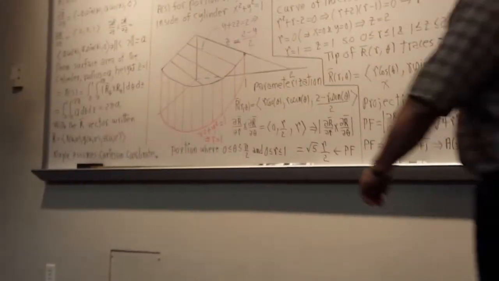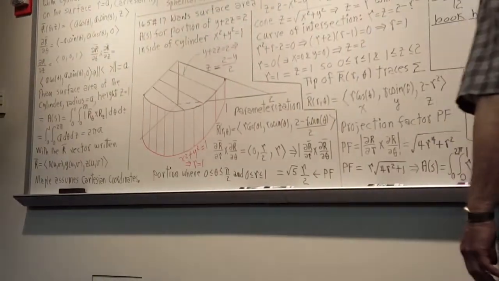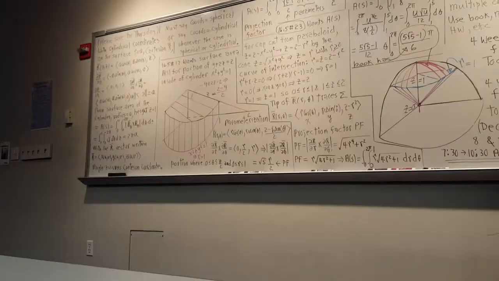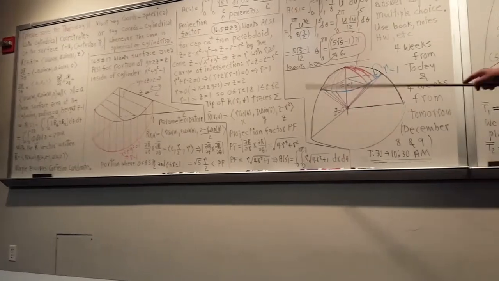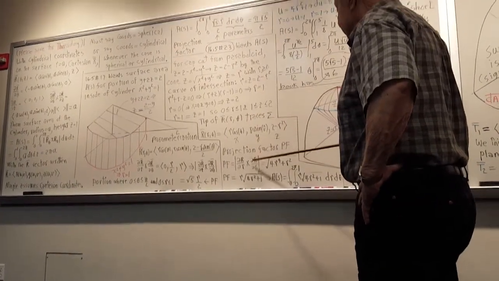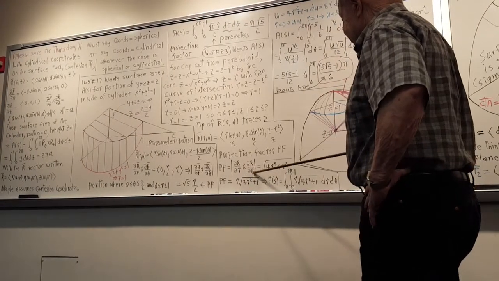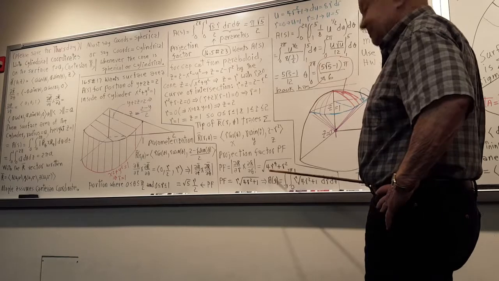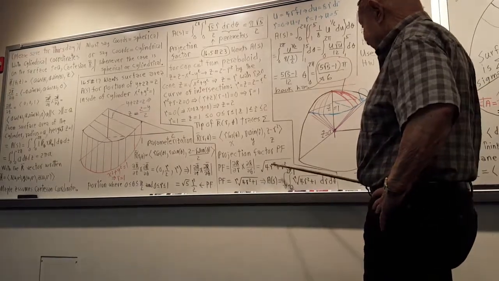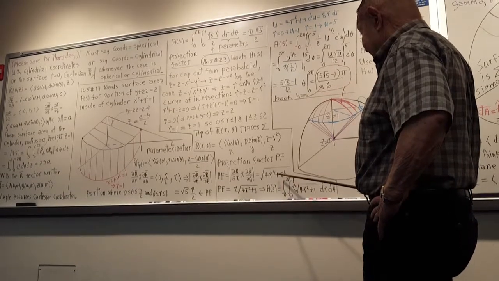So if I'm looking at it here, what I am doing is the magnitude of the cross product of these partials, and as I showed you with the Maple there, you get 4r^4 plus r squared.